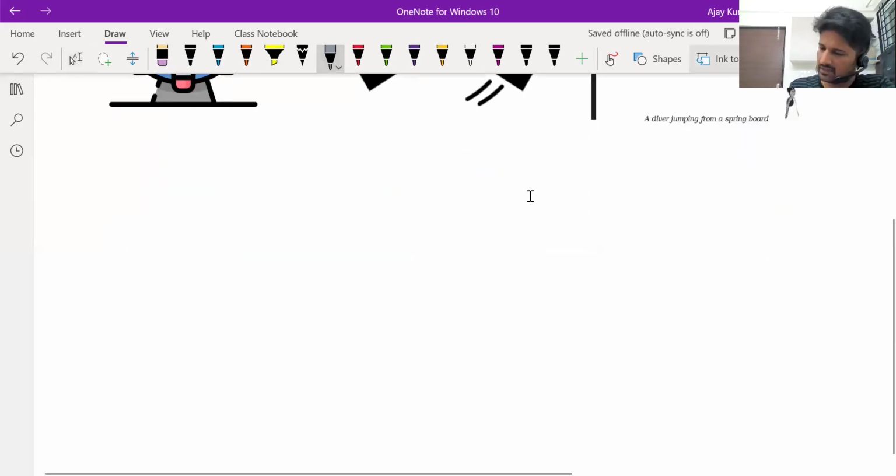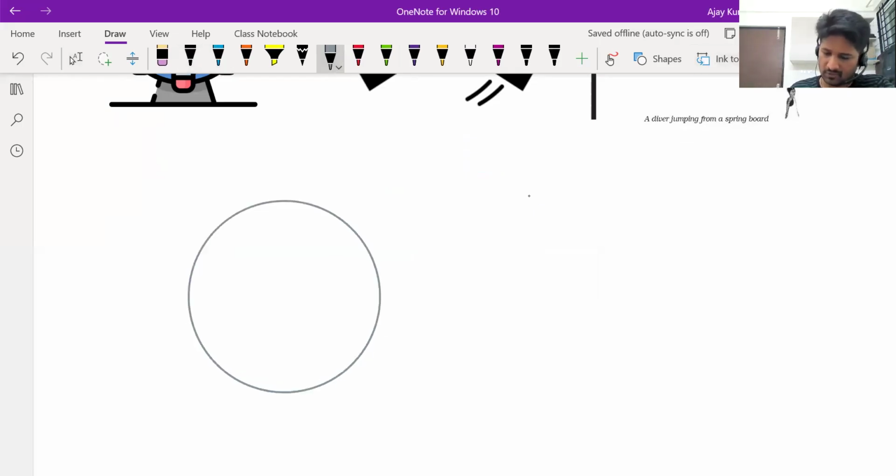Let us recollect a small point from circular motion. Suppose an object is moving along a circle like this. Let's say it's moving in a circle of radius r with an angular velocity omega.